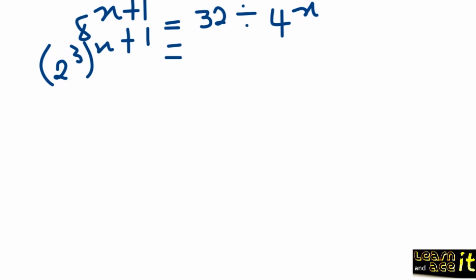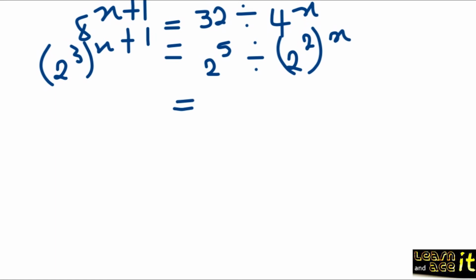Okay, so it will be x plus 1. So 32 can be written as 2 to the power of 5. So 2 to the 5 will give you 32, and then that is divided by 4 to the power of x there. But 4 to the x can be written as 2 to the power of 2 raised to the power of x.